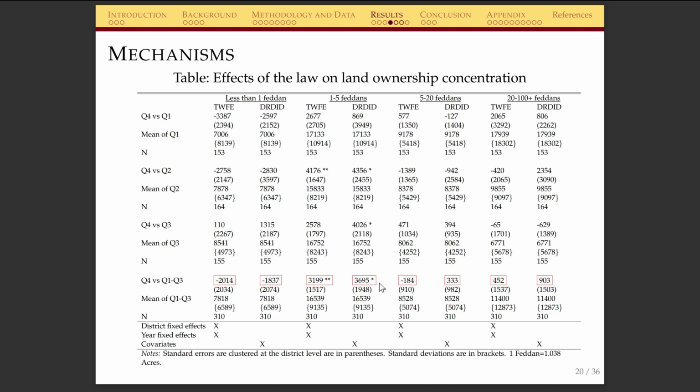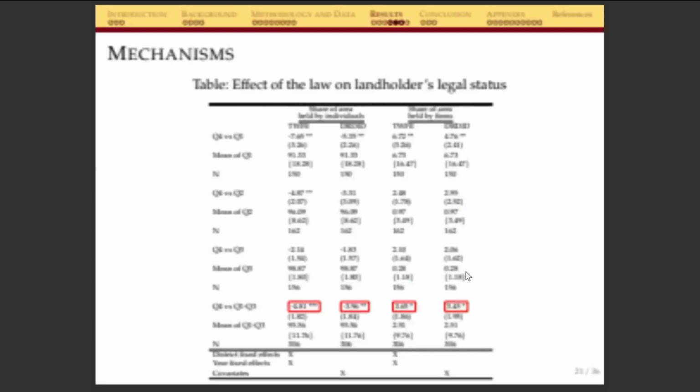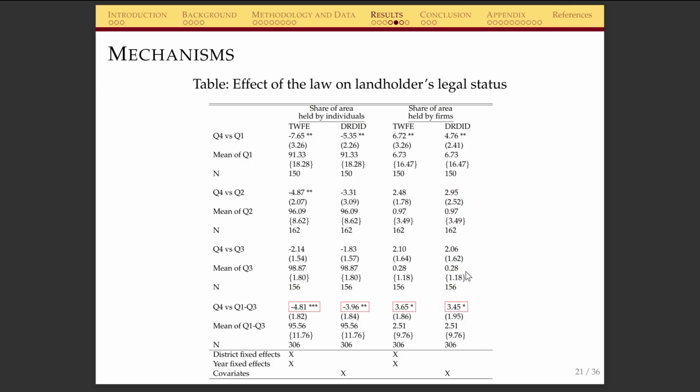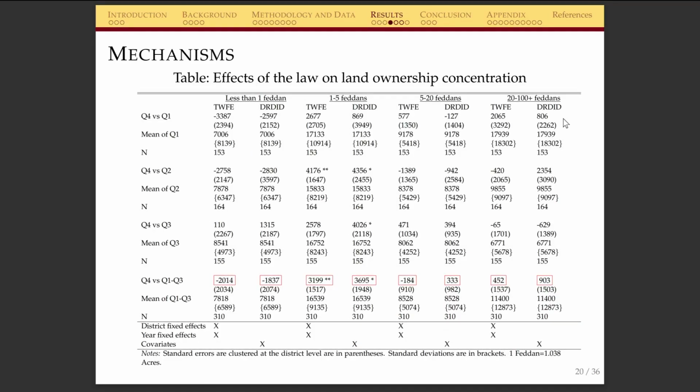At the same time, there is a significant increase in small plots, just beyond subsistence. And when I look at larger land plots, 5 to 20 fiddans or even more, I'm not seeing much happening there. Also, looking at the share of area held by individuals, this data is coming from the agricultural census, so this is district level data.